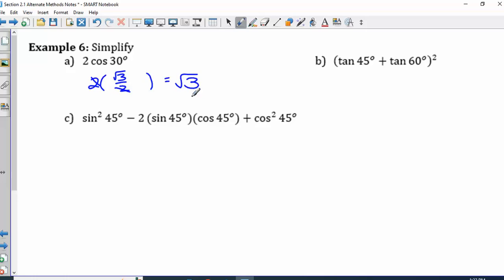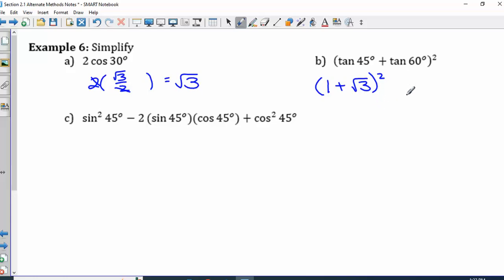B, tangent of 45 plus tangent of 60 squared. So tangent of 45 is what? 1. Plus, what's the tangent of 60? Radical 3 over radical 1, which is the square root of 3. And I want that squared. How would I square that?